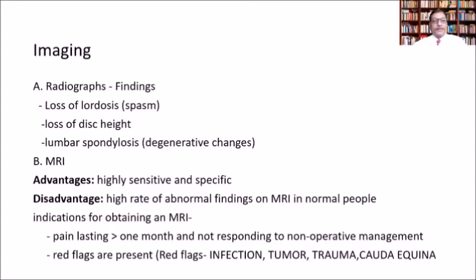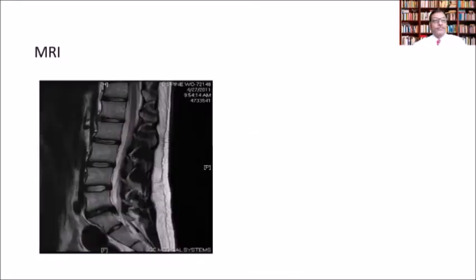But there is one disadvantage: it shows a very high rate of abnormal findings in the normal population. The indications for obtaining an MRI are when the pain is lasting for more than a month and does not respond to non-operative management, or when there are red flag signs such as infection, tumor, trauma, or cauda equina syndrome.